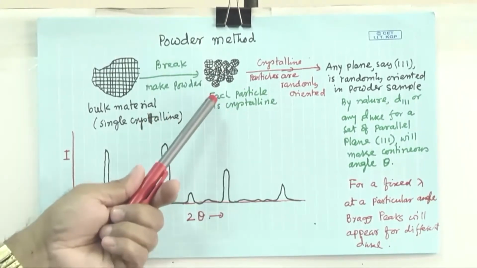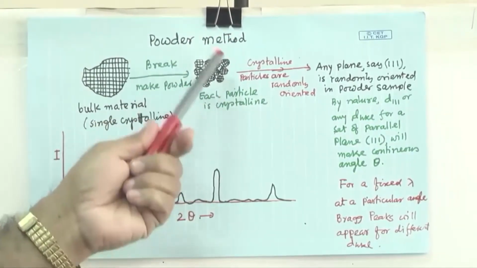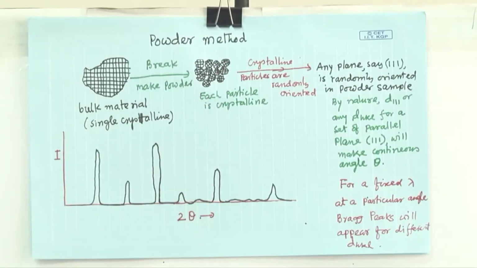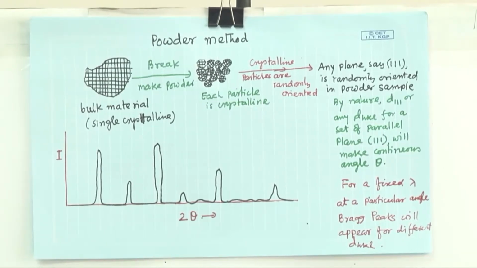So, now this X-ray will fall on this powder sample, where the Bragg condition will be satisfied and we get this kind of XRD pattern. We call it XRD pattern, X-ray diffraction pattern. Okay.